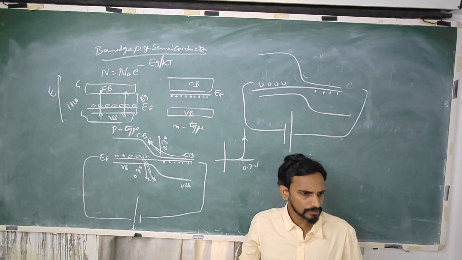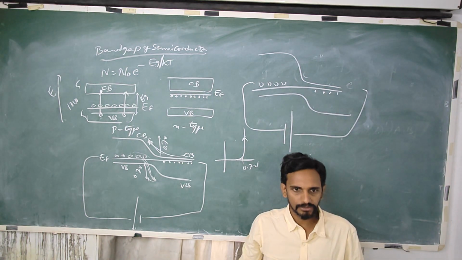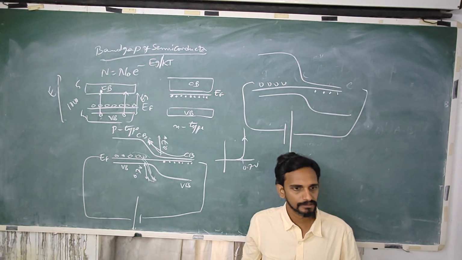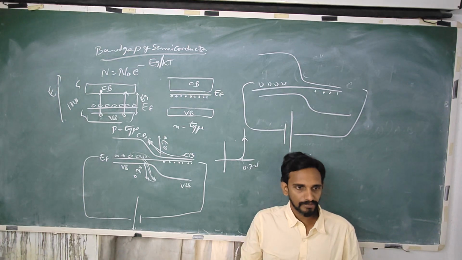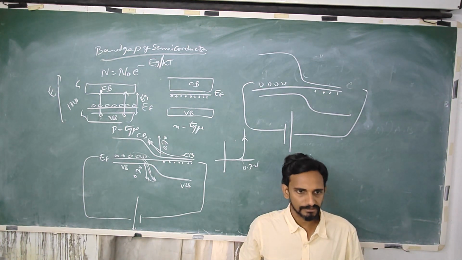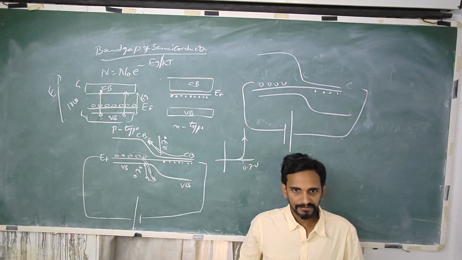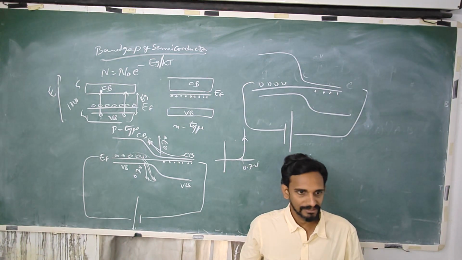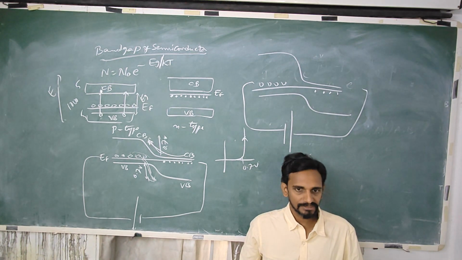So what is the doping concentration usually? What is the doping concentration? How much concentration do they dope at, for p-type and n-type dopants? 1 in 10,000. 1 in 10,000 at least.